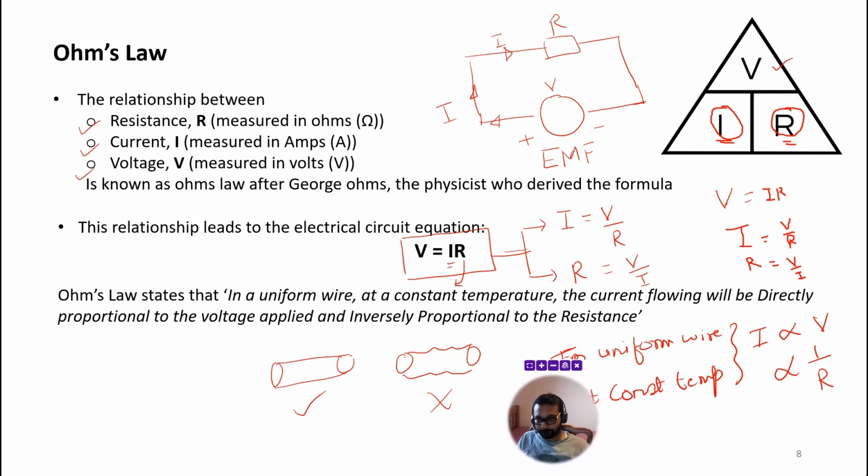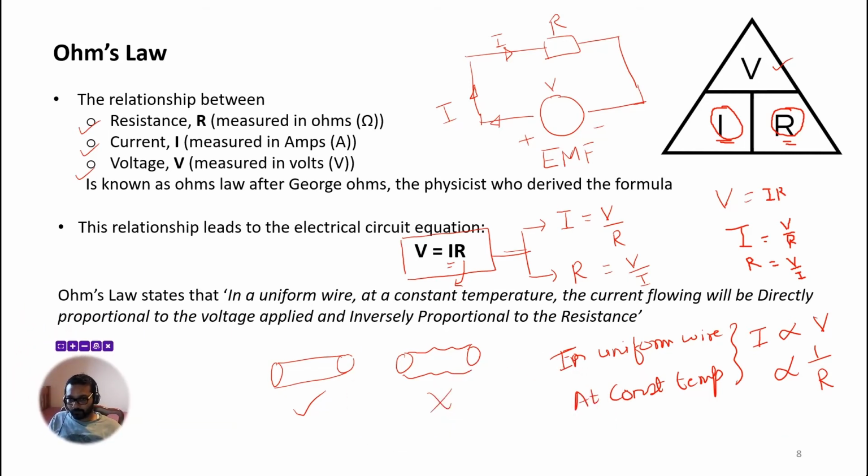Right? Obviously your wire should be uniform so that you don't lose any power because of a non-uniform wire, right? And for the same material at different temperatures, the value of resistance will be different, right?